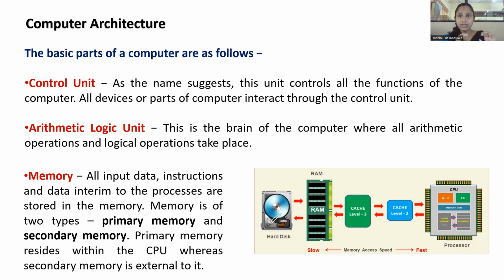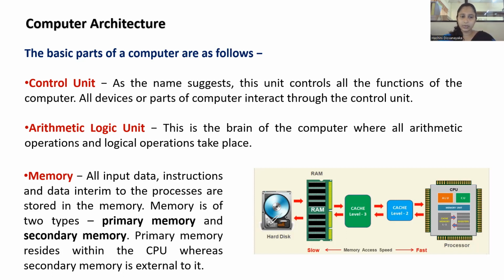The control unit is included in the CPU, or the central processing unit. The arithmetic and logic unit is also inside the CPU. It is called the brain of the computer since it performs each and every arithmetic operation as well as logical operations. Then another basic part is the memory.